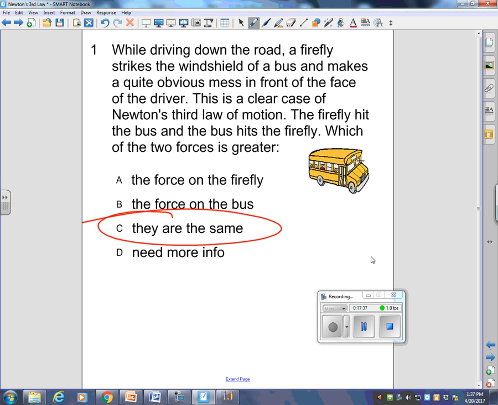While driving down the road, a firefly strikes the windshield of a bus, makes a quite obvious mess in front of the face of the driver. This is a clear case of Newton's third law of motion. The firefly hit the bus, and the bus hits the firefly. Which of the two forces is greater? How many times did I say? Equal. Well, it's just because the mass of the bus is bigger, right? Exactly.